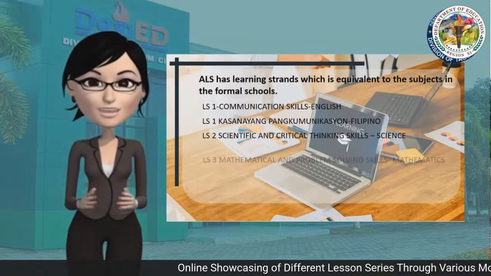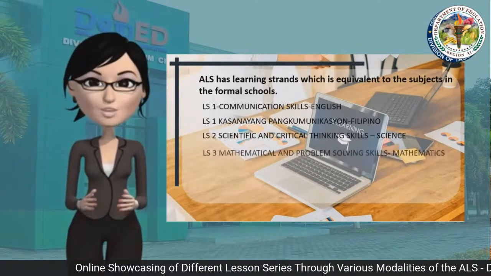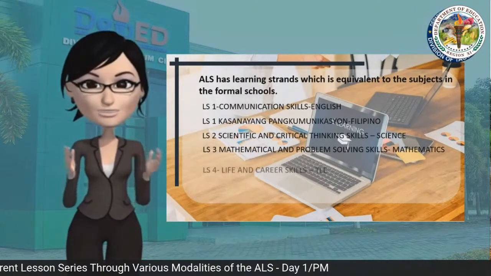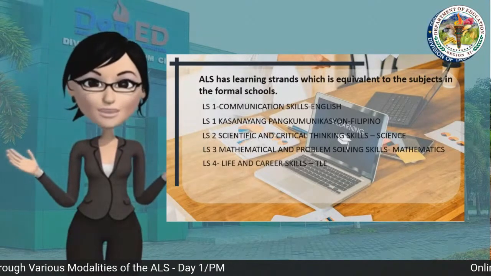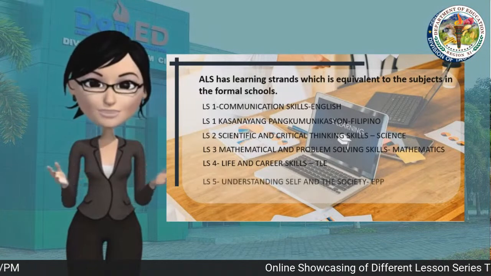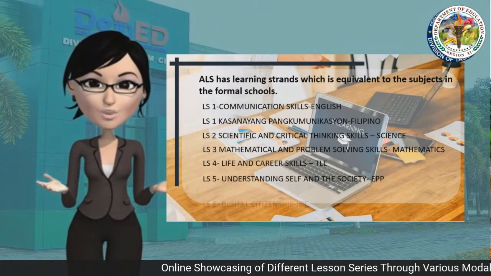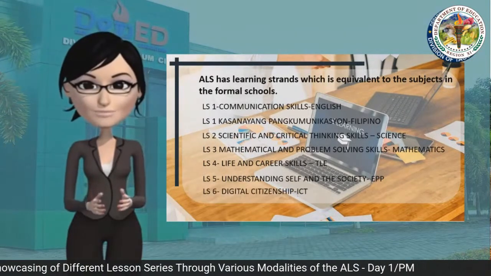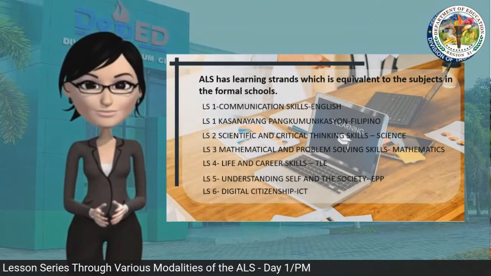Learning Strand 3, Mathematical and Problem-Solving Skills, Mathematics. Learning Strand 4, Life and Career Skills, TLE. Learning Strand 5, Understanding the Self and the Society, EPP. Learning Strand 6, Digital Citizenship, ICT, which can also be integrated in almost all of the subject areas.